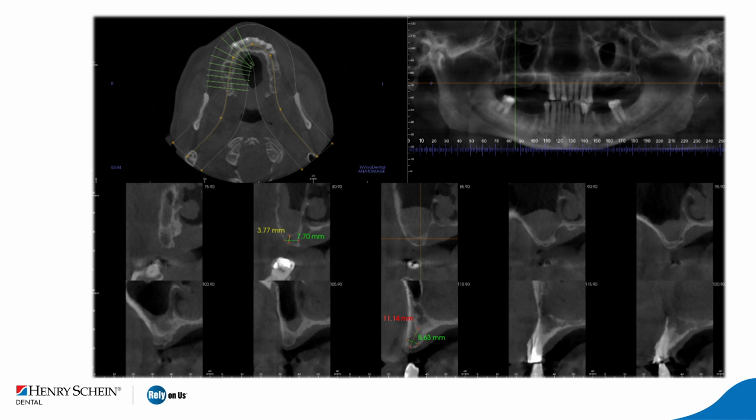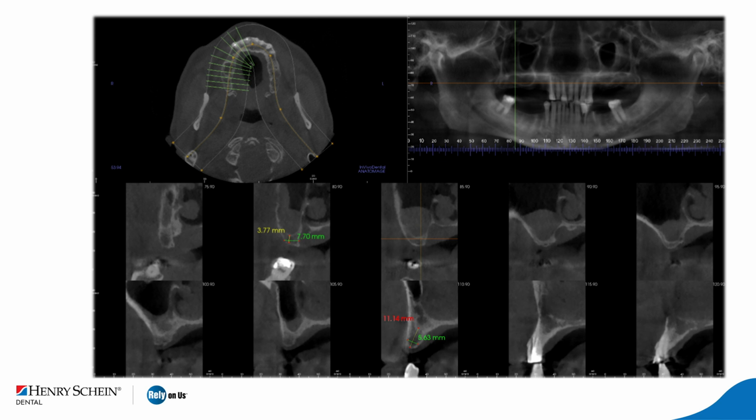There are also lytic changes occurring in the apical area of tooth number 6, and there is no periosteal reaction. Usually, if you have bone loss or lytic changes, as we say, and it's from an infection, you're going to have some kind of reaction from the body.